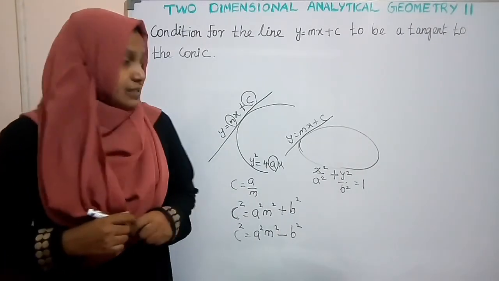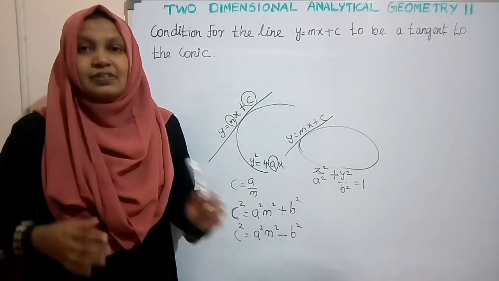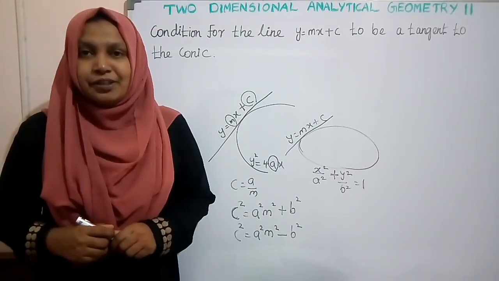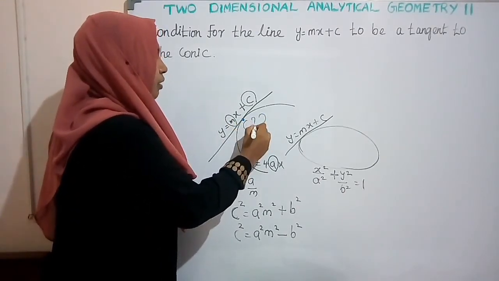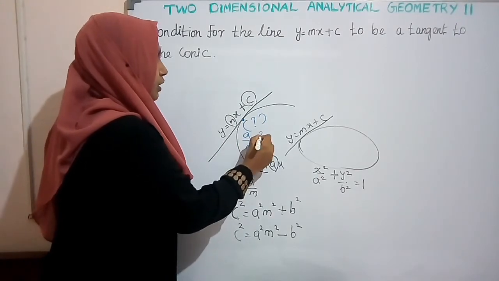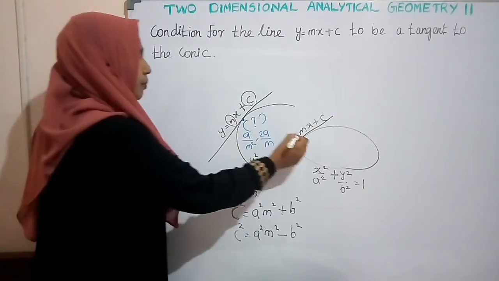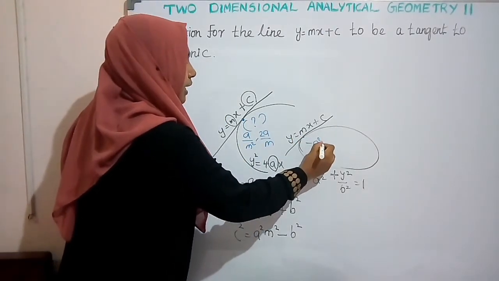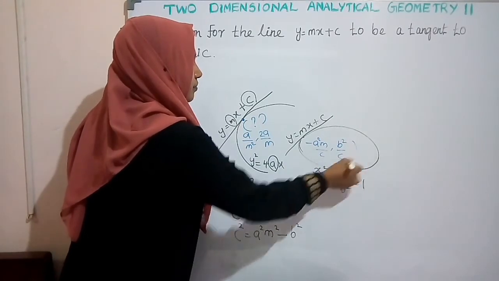Also using these m, c, a, b values, we can find the point of contact of the tangent. See, we can find this point. For the parabola, it is a by m square comma 2a by m. And for the ellipse, it is minus a square m by c comma b square by c.